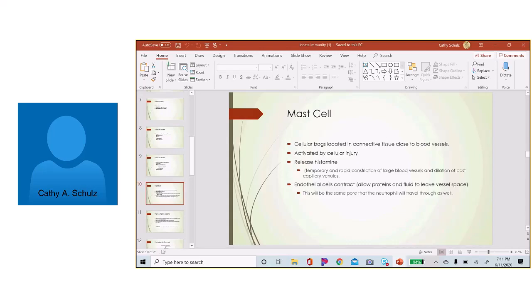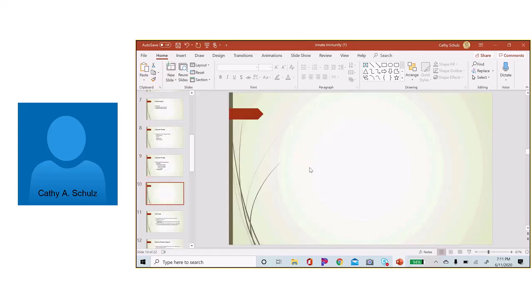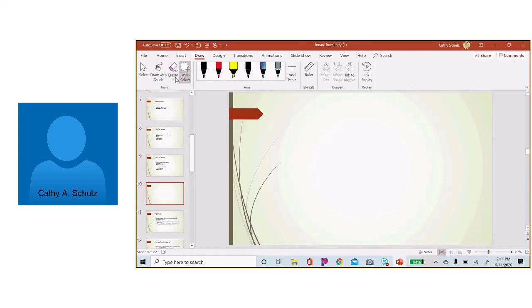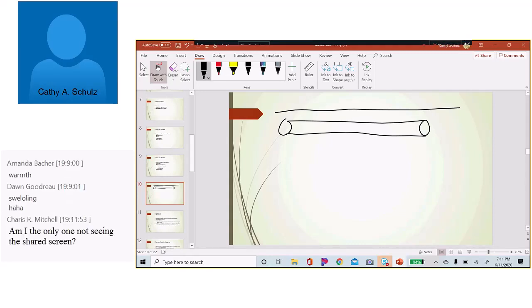So mast cells are cellular bags, or little bags of fluid, essentially, with some substances inside, close to blood vessels. If I have here, let me draw a little bit here. If I have a blood vessel here, which, like we talked about last class, like a capillary would be feeding, that would be part of the extracellular matrix, and the capillary would be feeding whatever epithelial surface is here.